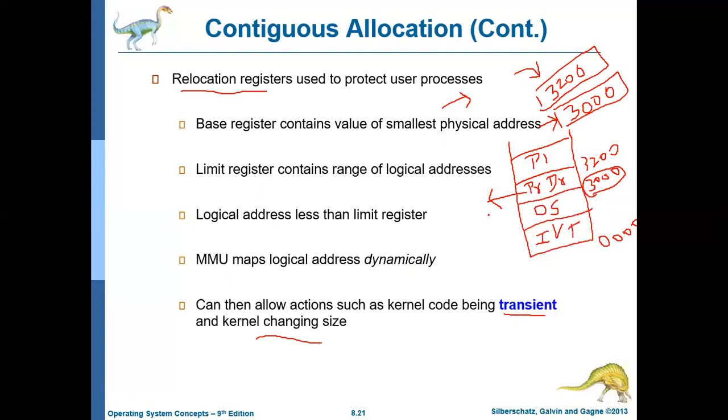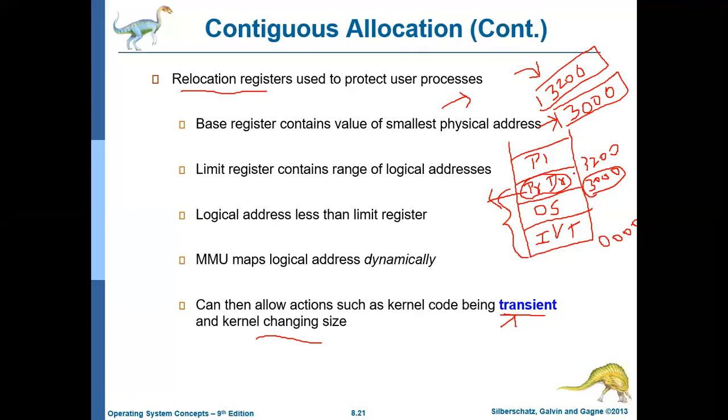So with the availability of the relocation register, the kernel size can change dynamically if there are any transient programs. Transient programs means the programs which will not stay in the memory permanently. They may come and go. This print driver is an example of a transient program. It may stay for some time and then it may leave.